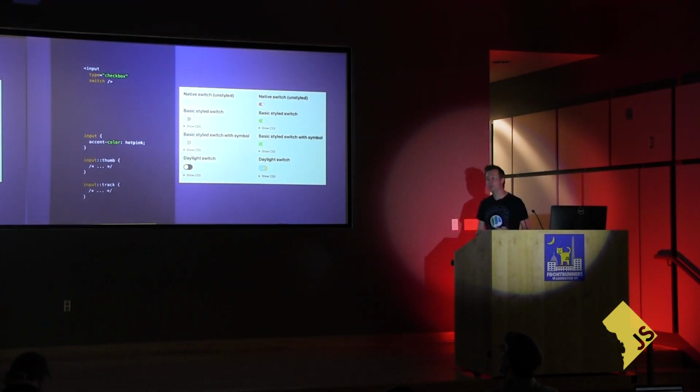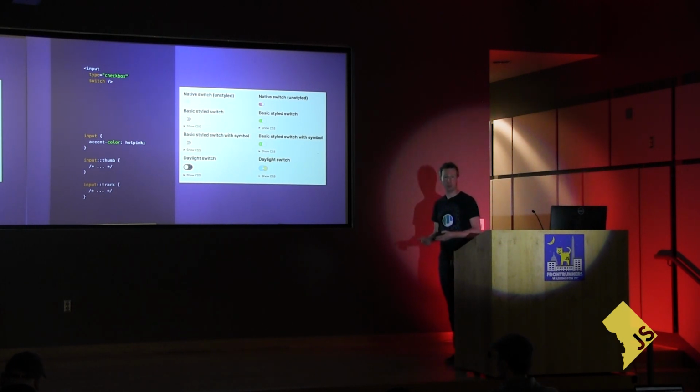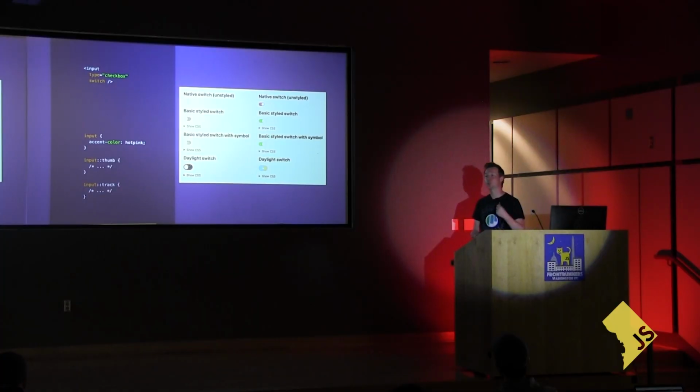So just to illustrate that things really go from JavaScript to CSS to HTML, in the latest Safari technology preview and in the Ladybird browser, you can now add the switch attribute to an input with a type of checkbox, and the browser will render this input for you.